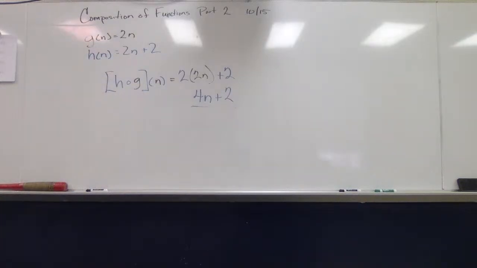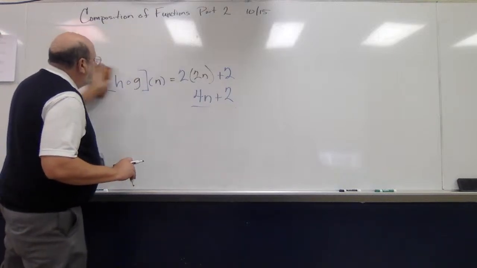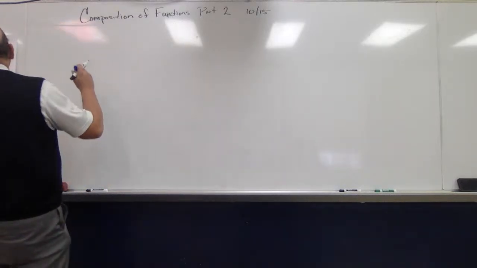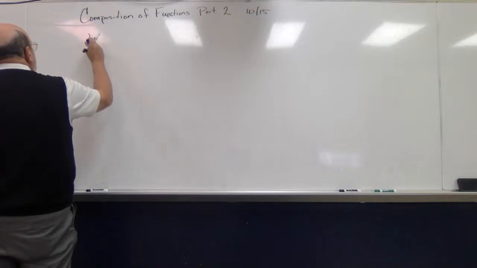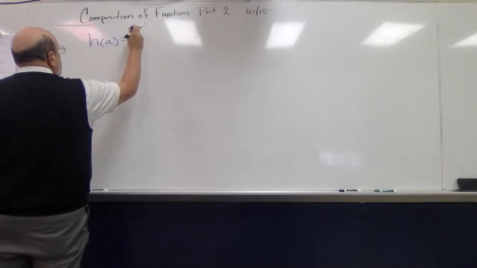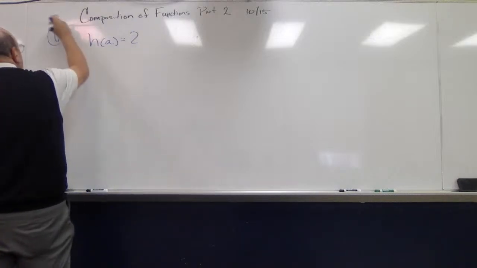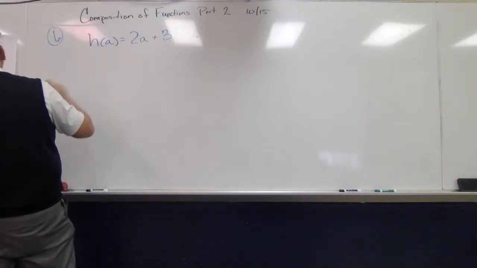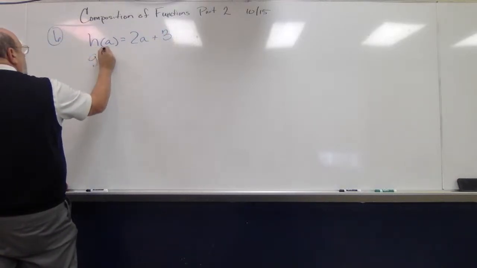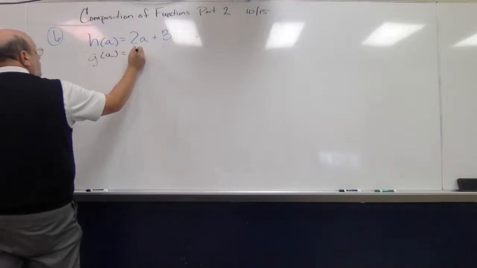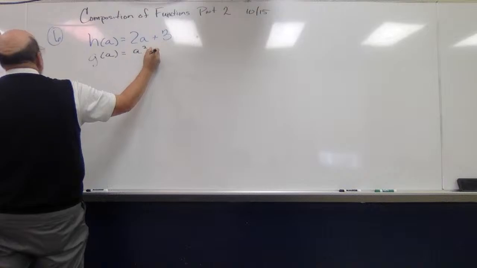Ready? Number 6. 2a plus 3. There you go. I have g of a, which is a squared plus 2a.